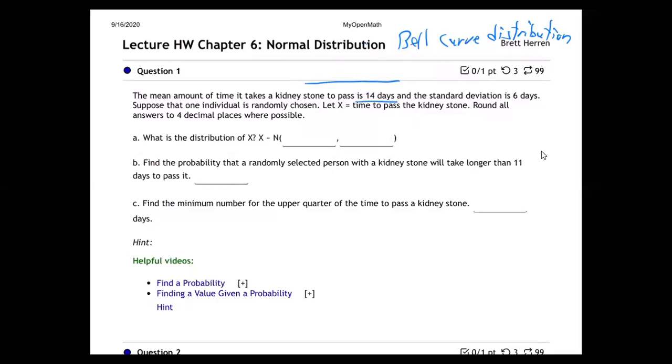They're saying that for people that have kidney stones, on average, it takes 14 days to pass. But some people, it takes longer, 15, 16, 17, 18 days. Some people, it goes really quick. But most people are around the middle. So that's the point of a bell curve or a normal distribution: most whatevers are around the average.